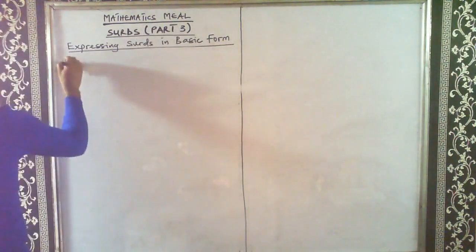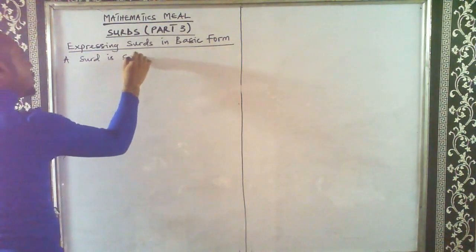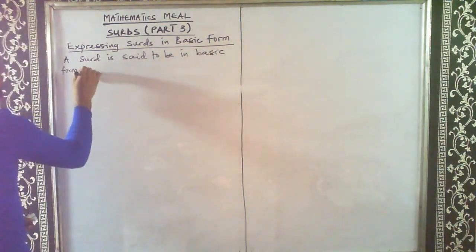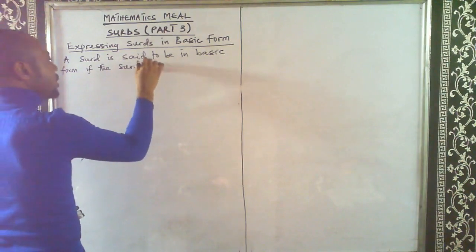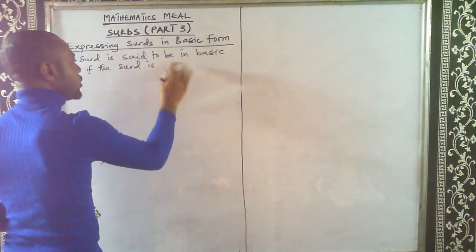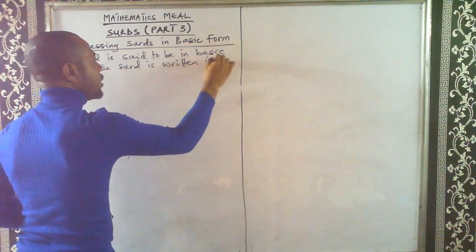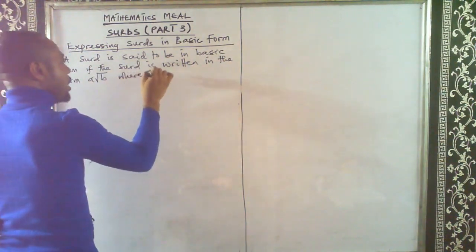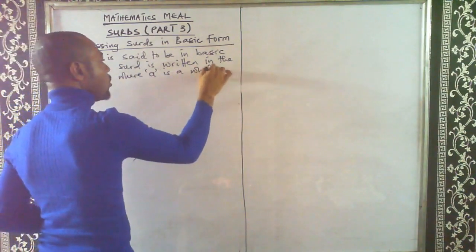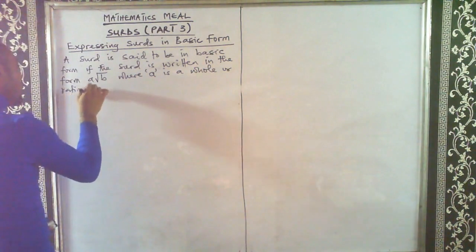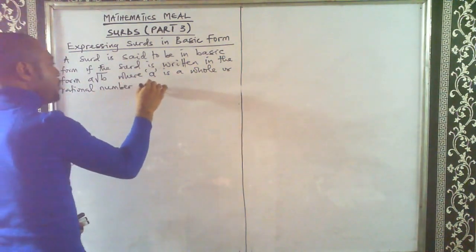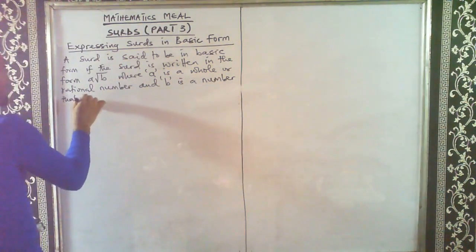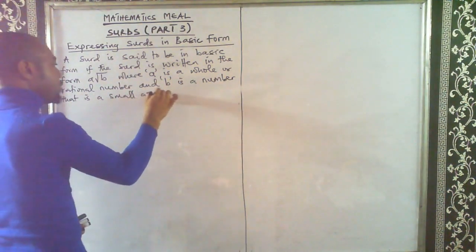A surd is said to be in basic form if the surd is written in the form A root B, where A is a whole or rational number and B is a number that is as small as possible.